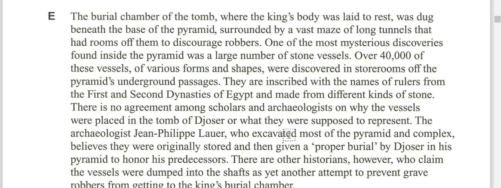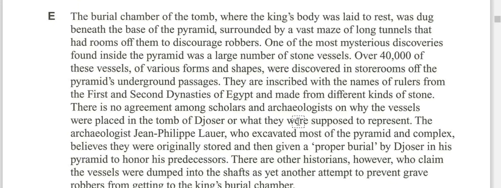There is no agreement among scholars and archaeologists on why the vessels were placed in the tomb of Djoser or what they were supposed to represent. The archaeologist Jean-Philippe Lauer, who excavated most of the pyramid and complex, believes they were originally stored and then given a proper burial by Djoser in his pyramid to honor his predecessors.